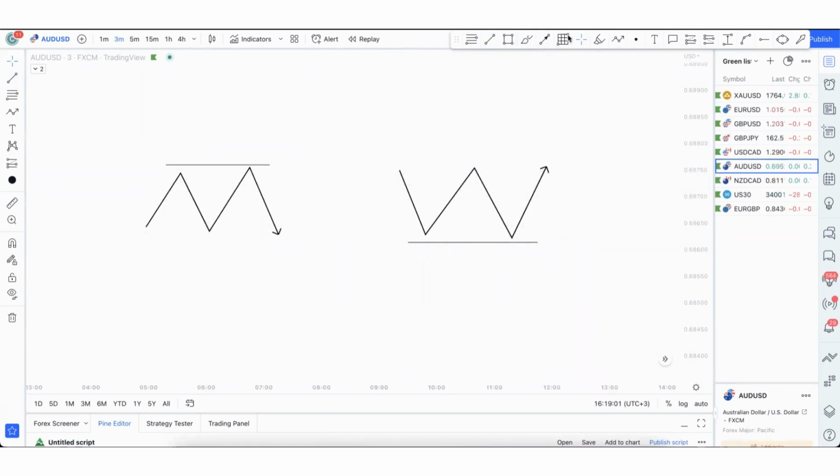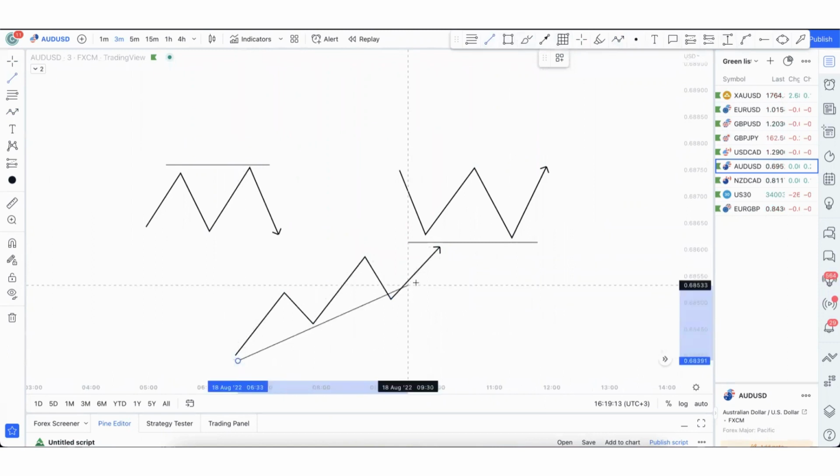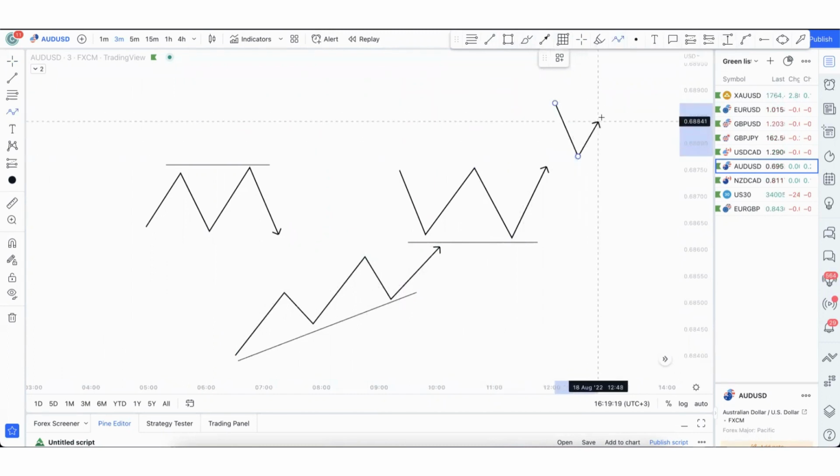Or a trend line like this one. Then they draw a trend line like that. And vice versa if it's in a downtrend.